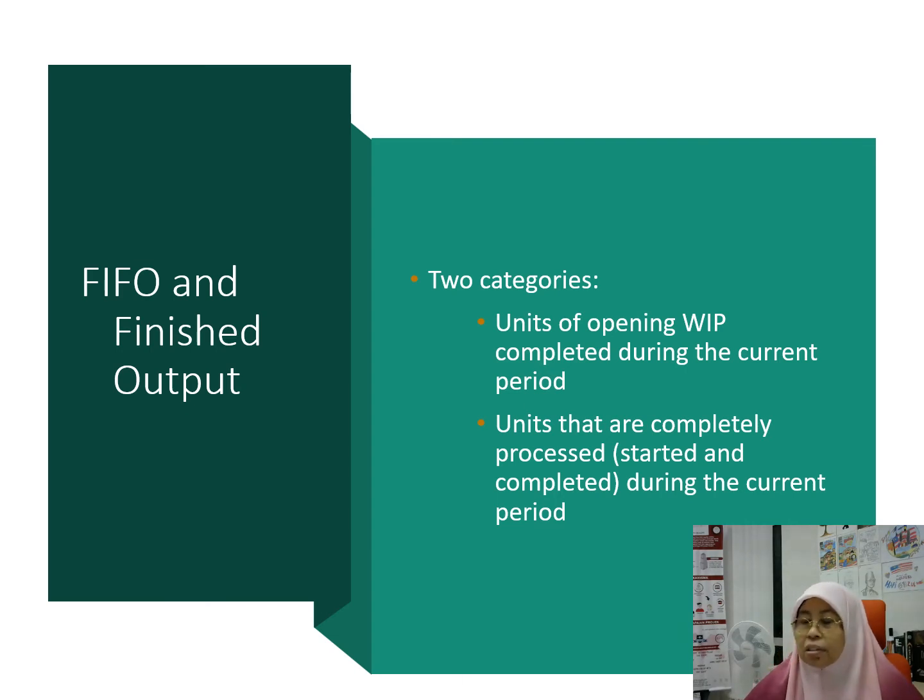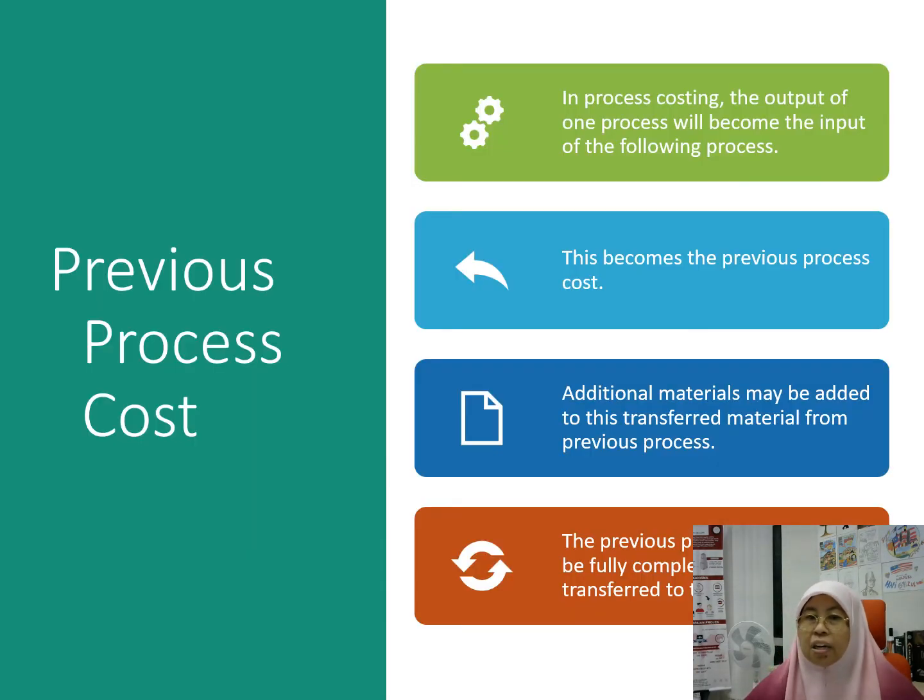Next, what is the previous process cost? In process costing, the output of one process becomes the input of the following process, and this becomes the previous process cost.